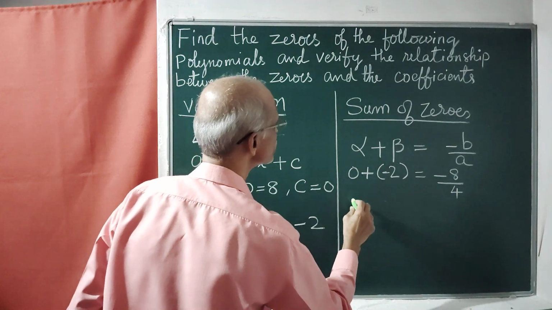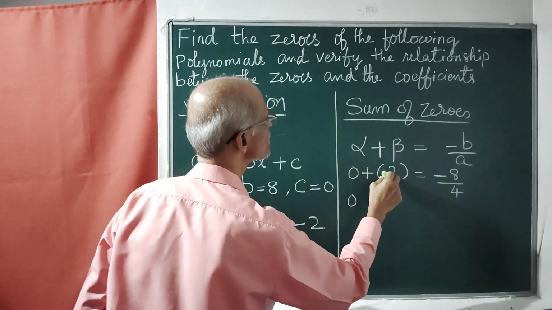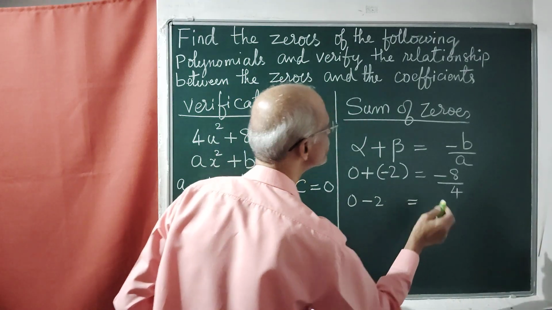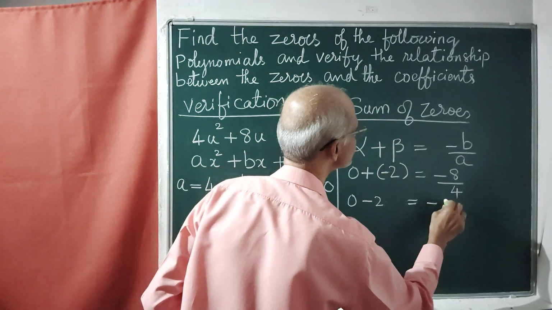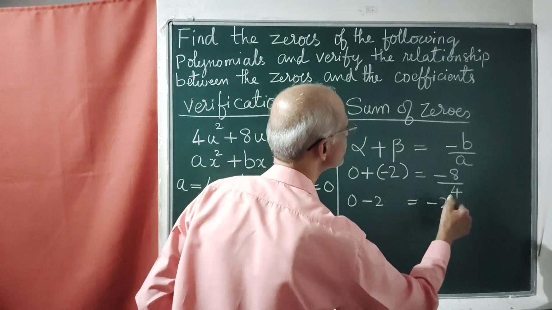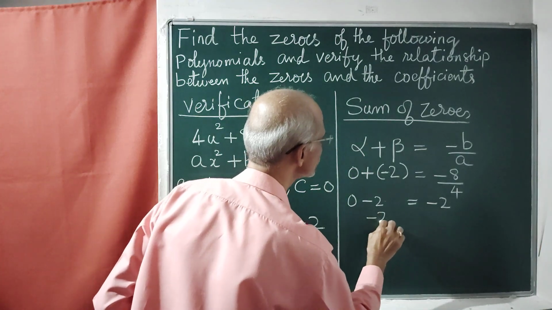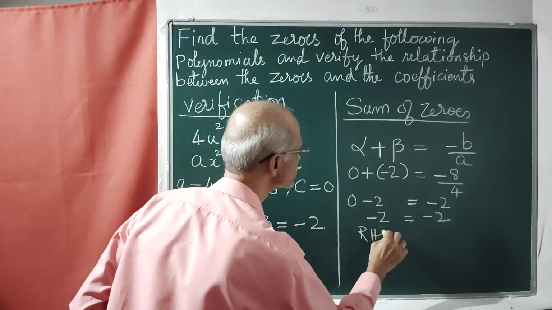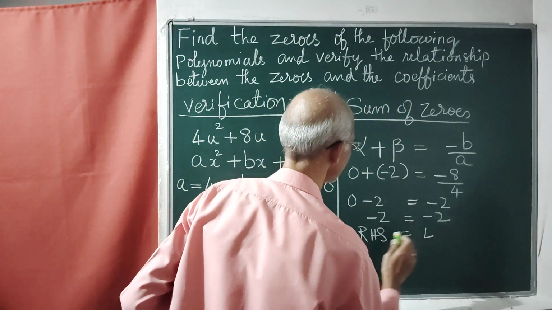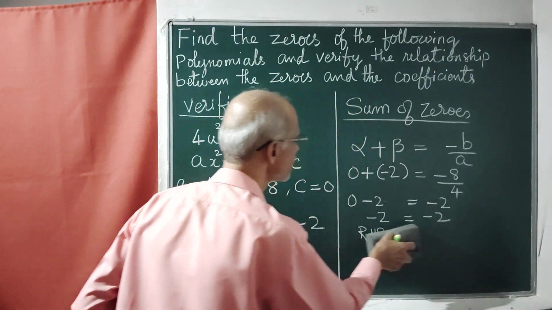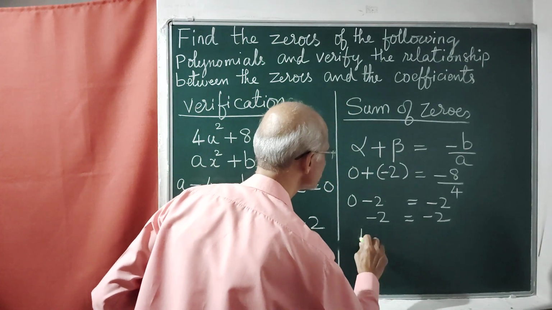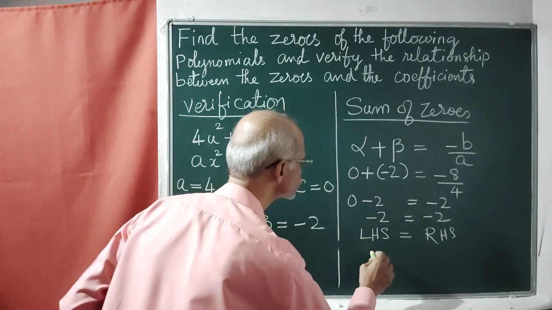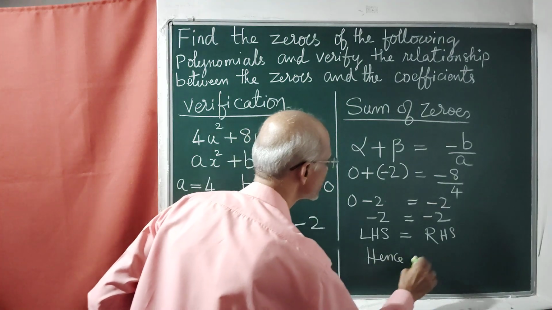Here 0 plus minus 2 is minus 2, and 4 can divide 8, we get minus 2. So minus 2 is equal to minus 2. LHS is equal to RHS. Hence verified.